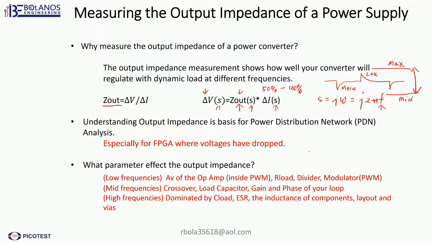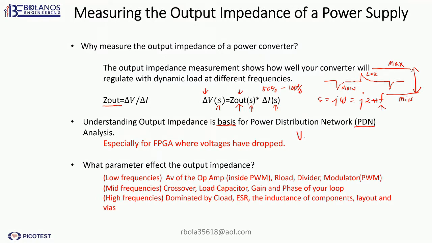Another reason to understand and know about the output impedance is that it's also the basis to another very important topic, which is power distribution network analysis. Now this has gained much more acceptance the last few years, and that's because the voltages have been dropping.